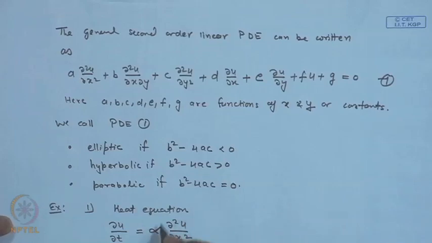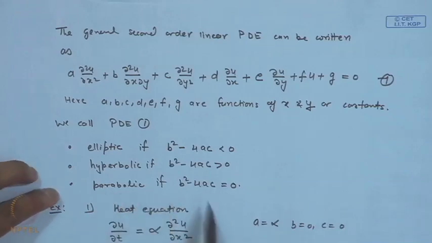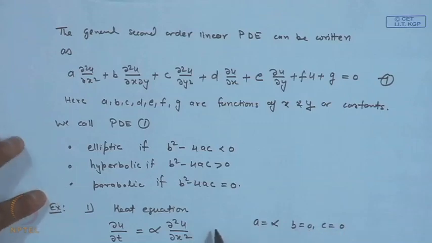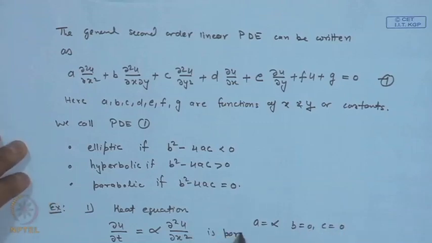Here a is alpha, and we have b 0 and c 0. So, b square minus 4 a c is 0. So, this equation is parabolic. This was the example of a parabolic equation.